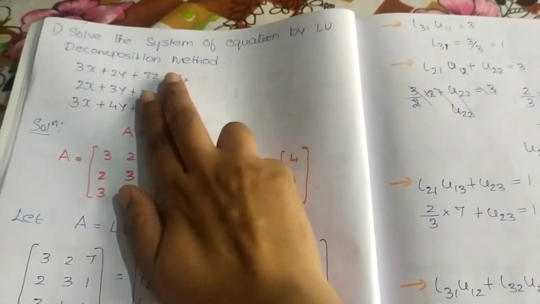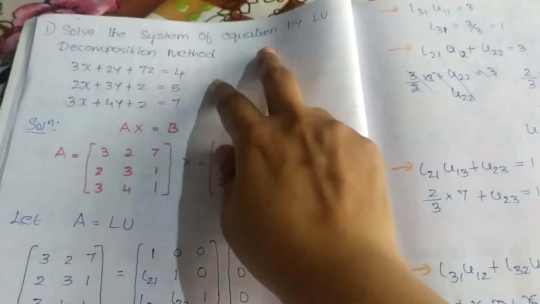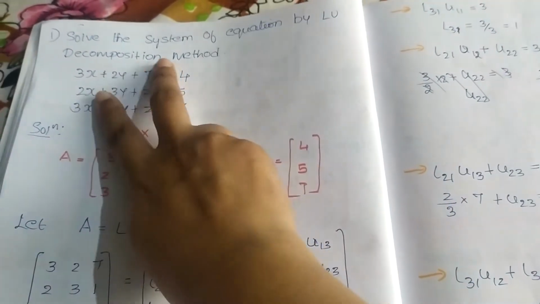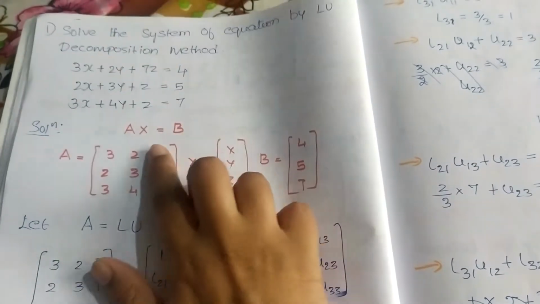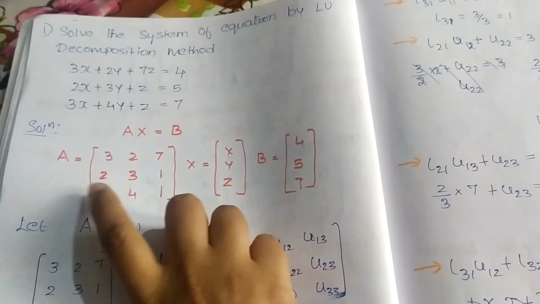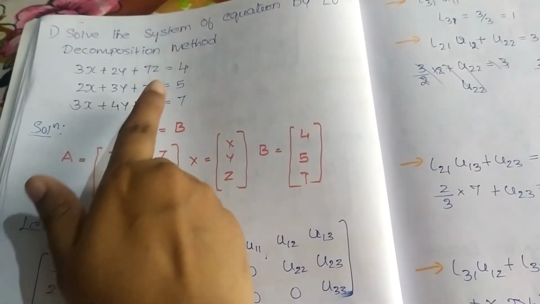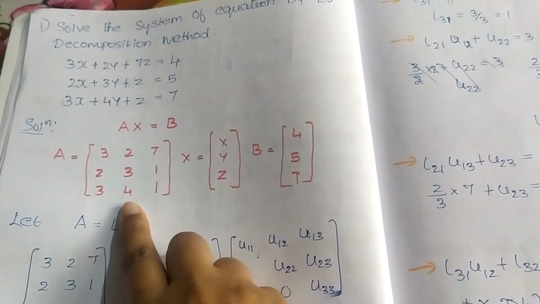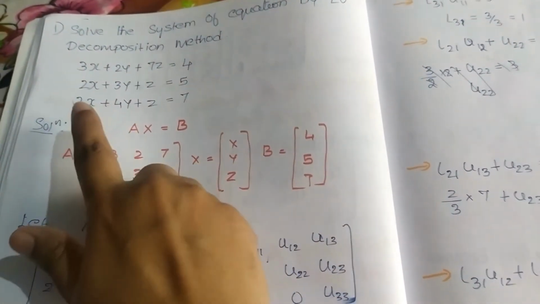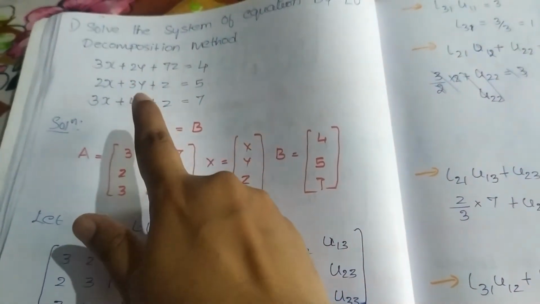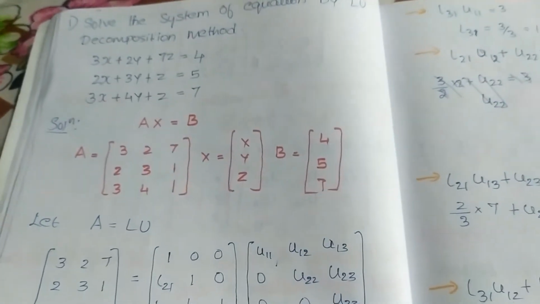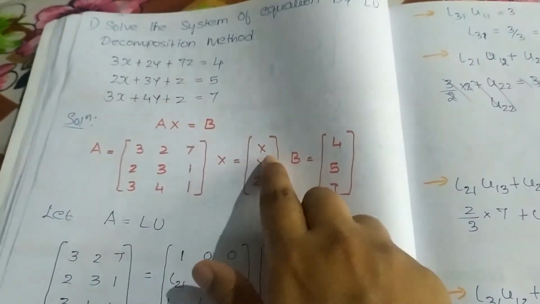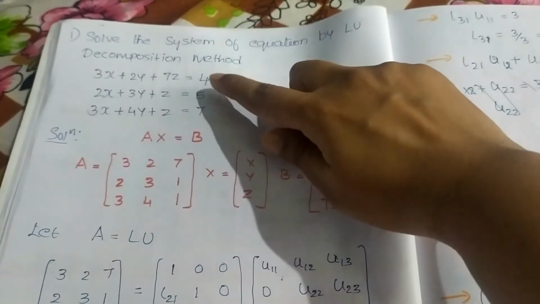Now here you can see the problem: solve the system of equations by LU decomposition method. So the three equations are given. Now first consider Ax = B and take all the coefficient values in a matrix, that is A: 3 2 3, 2 3 4, 7 1 1, that is A, and X is equal to x, y, z, B is equal to these values 4, 5 and 7.